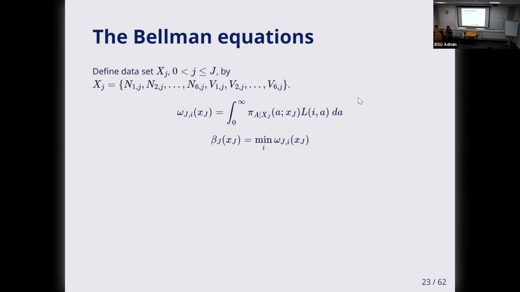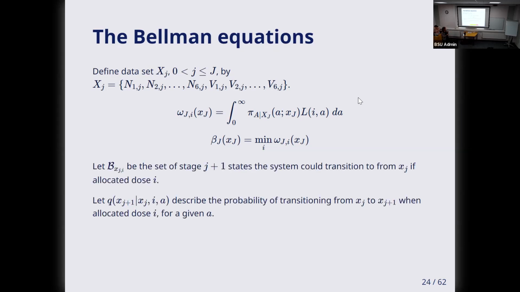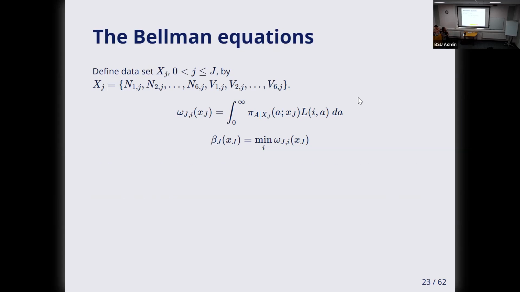So we're starting at the final stage of the trial, and this is our calculation for the posterior expected loss. I'm using omega ji to mean the posterior expected loss associated with choosing dose I as the dose to recommend at the end of the trial at stage J, and this is calculated for each data set.